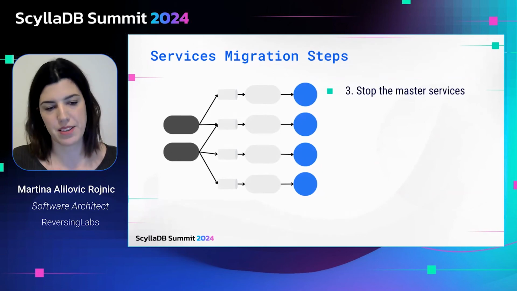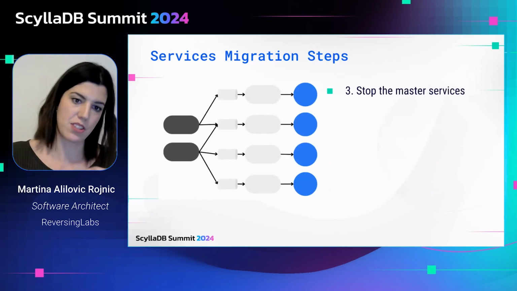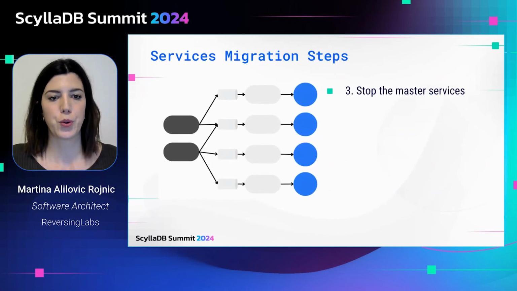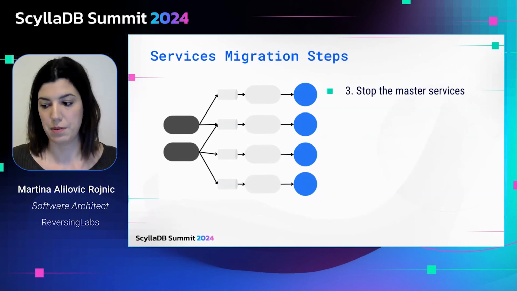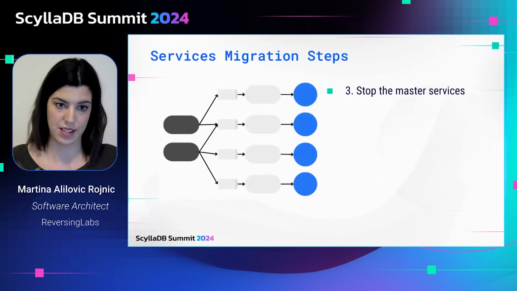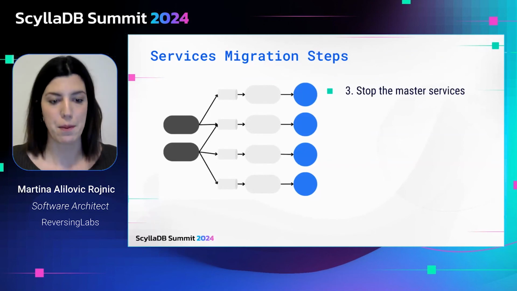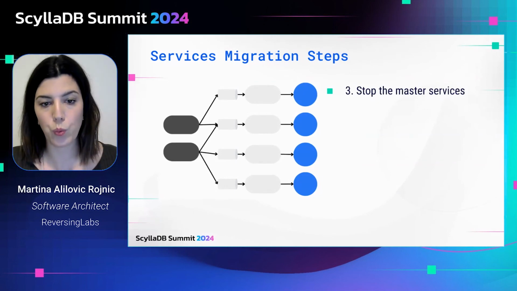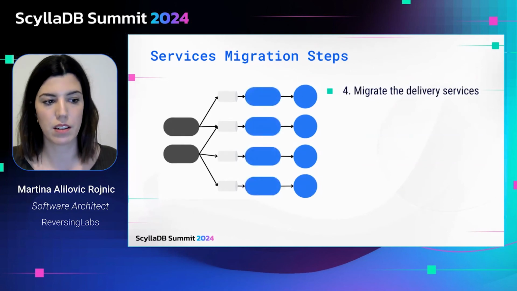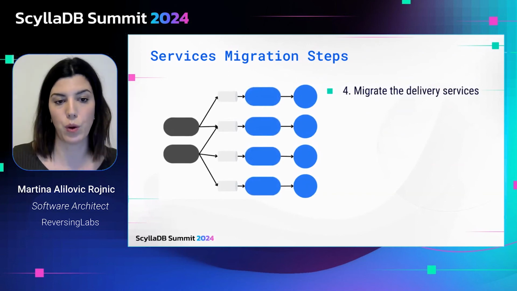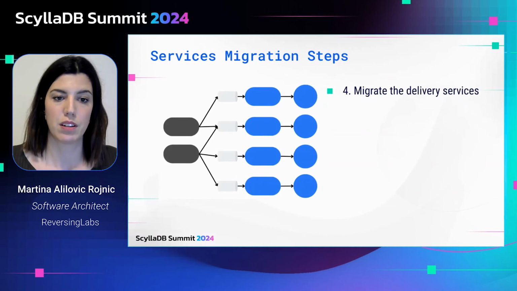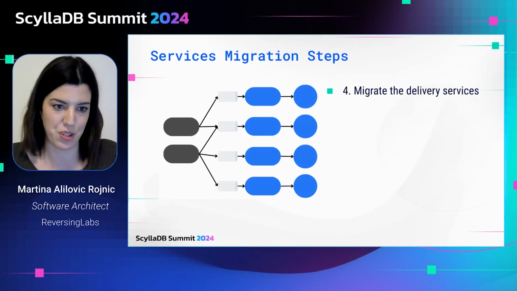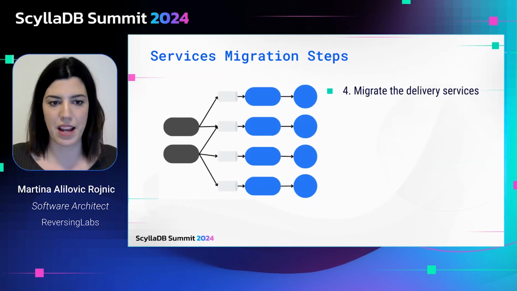After we stopped the master services, we waited for the queues between the master services and the delivery services to empty, meaning the delivery services processed all this data and stopped writing. Then we migrated the delivery services one by one to the new database. Of course, there was no data because we had stopped the master services, so we would just migrate them and hope for the best.